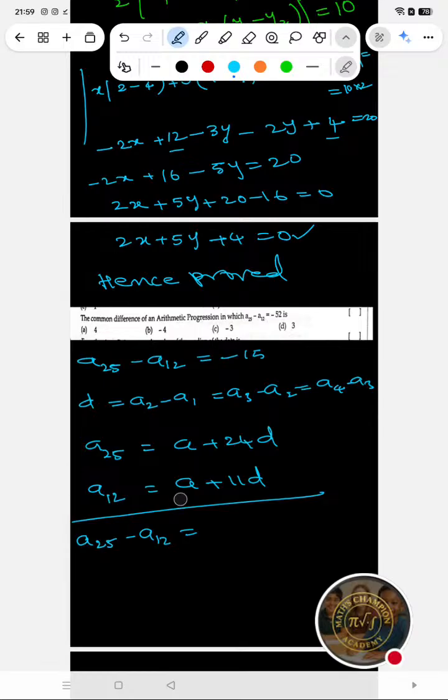What do you get? A cancels, it is 0. Then 24D minus 11D, how much do you get? 13D. This 13D is equal to minus 52, as given in the question. This only, A25 minus A12, that is minus 52.